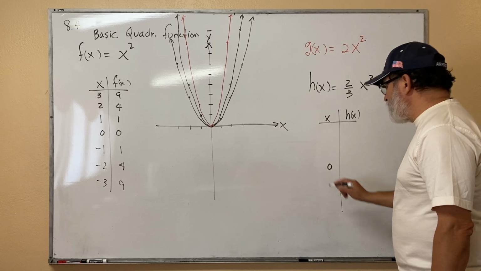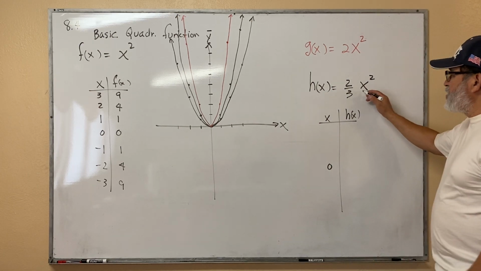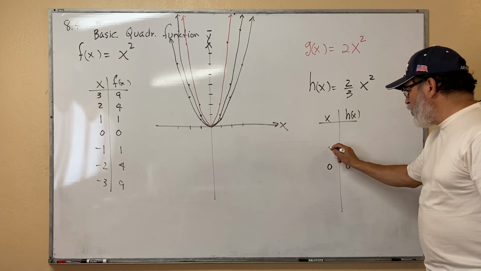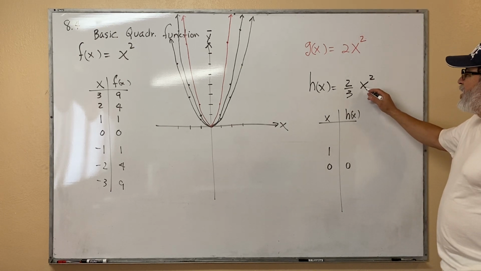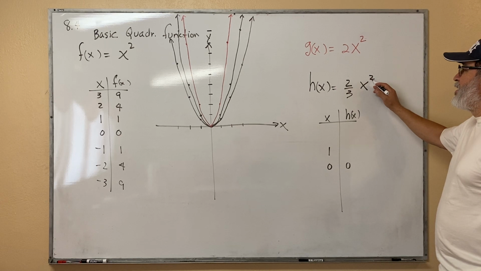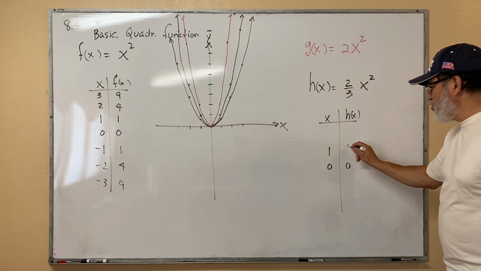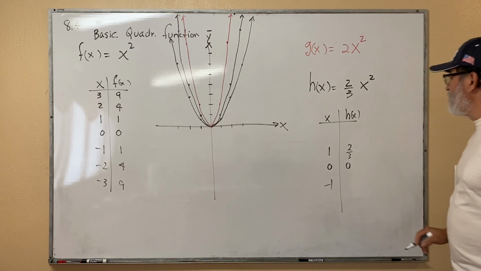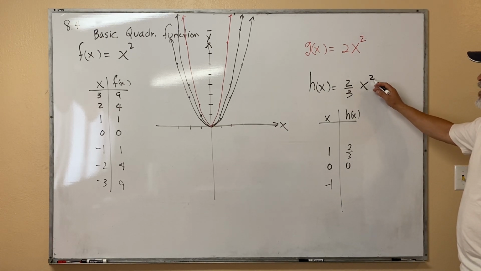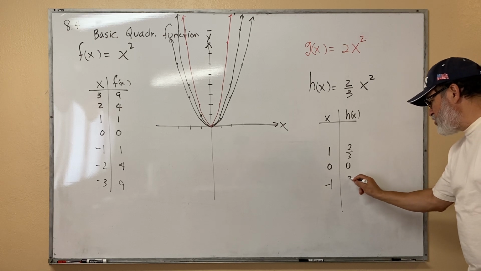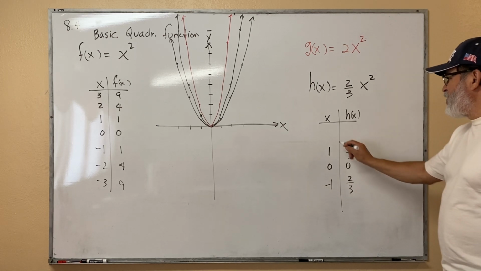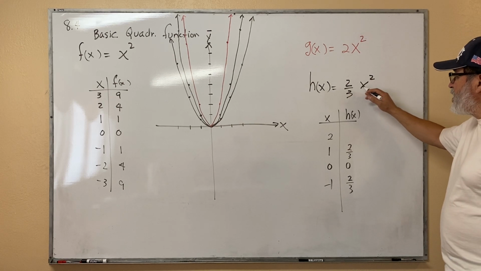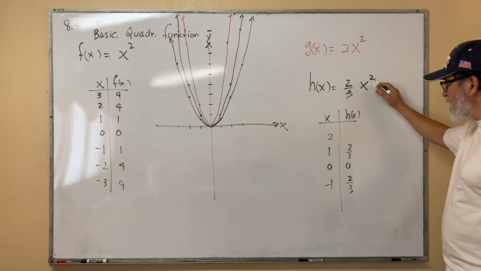Plug in 0, you get 0, because 0 squared times 2/3 is 0. Plug in 1. 1 squared is 1 times 2/3 is 2/3. Plug in -1. -1 squared is 1 times 2/3 is 2/3. Plug in 2. This is going to be 2 squared, which is 4, correct?